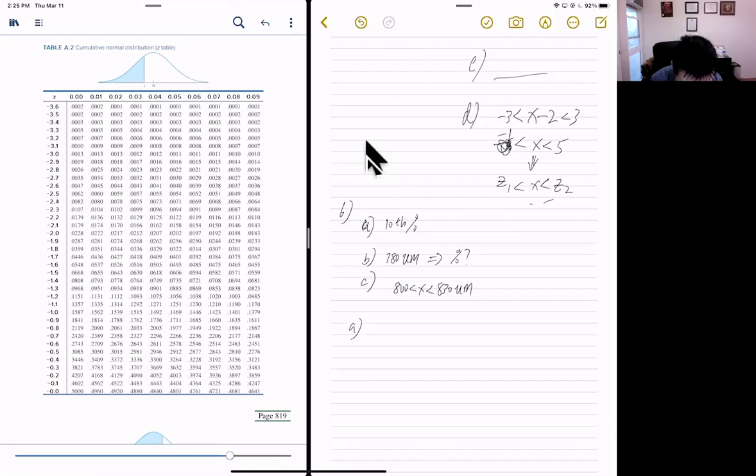Around here, 0.1003, close enough to the 10th percentile. So that's corresponding to a Z value of minus 1.28. Correct? So that is the Z value for the 10th percentile.